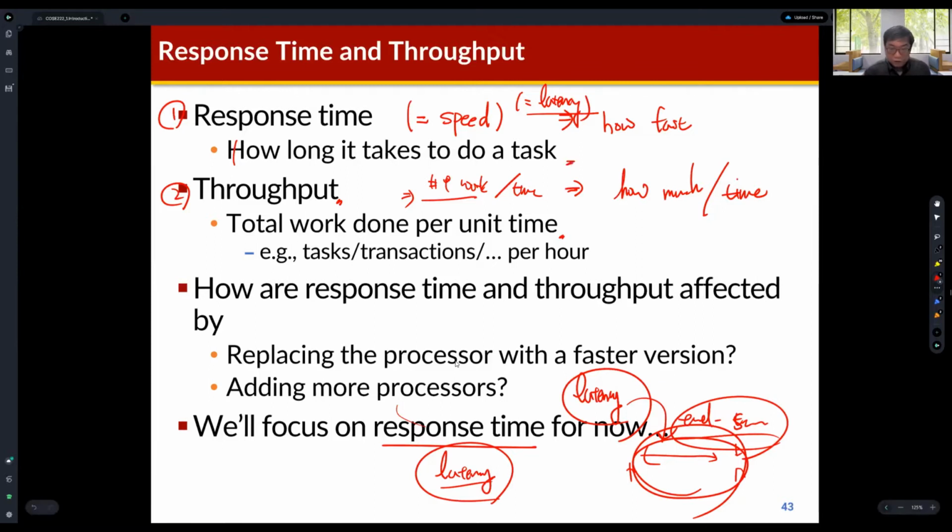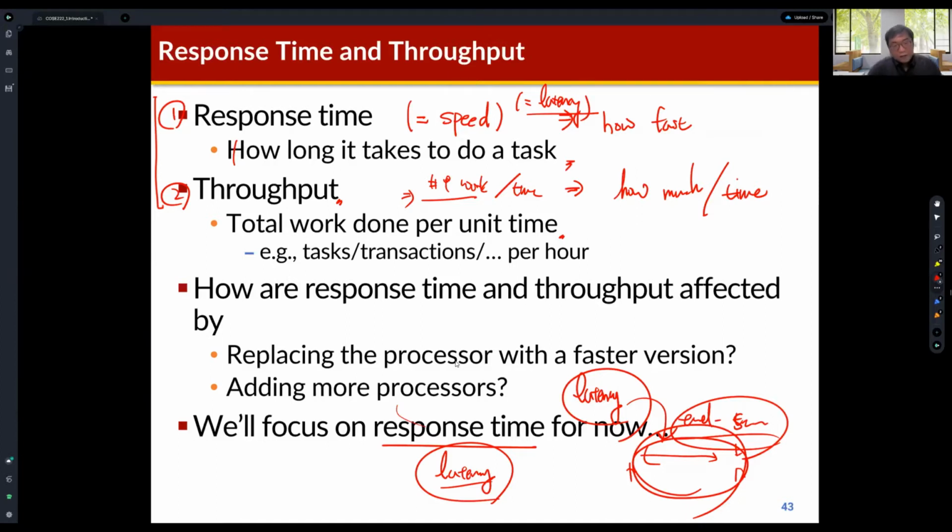It is also called execution time or latency. Another metric is throughput, which means the total amount of work done per unit time. Please remember the definitions of response time and throughput. These two terms are frequently used in real life, in the engineering field.